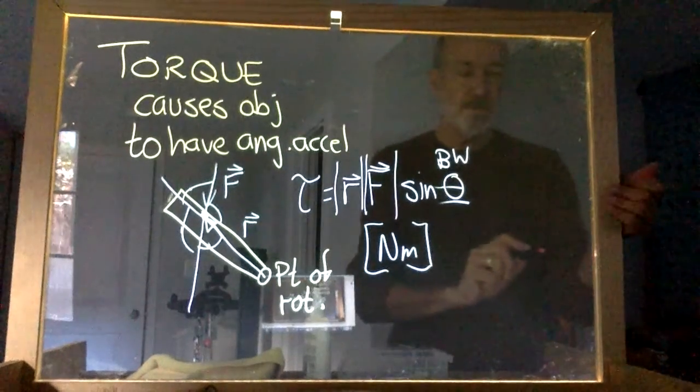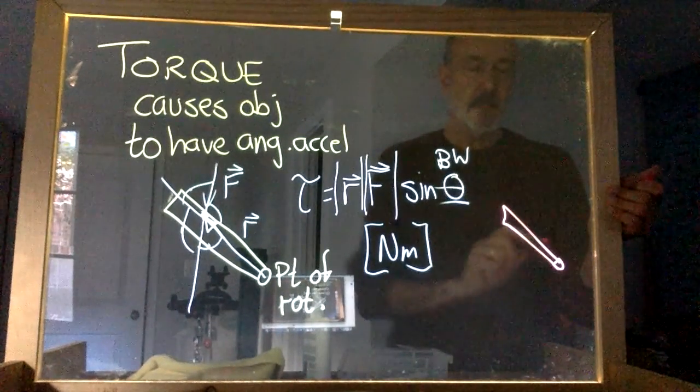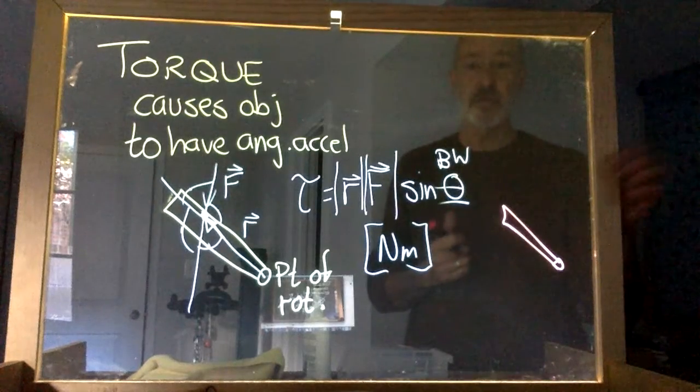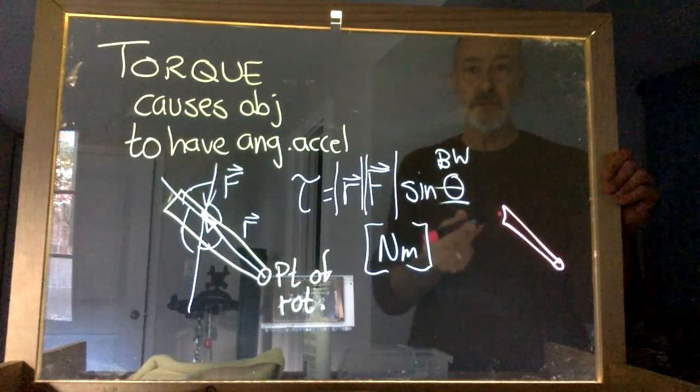Okay. Now, what they sometimes say, if you think of the door here, the most efficient way to get that door to close is not to push in this direction or this direction or this direction.